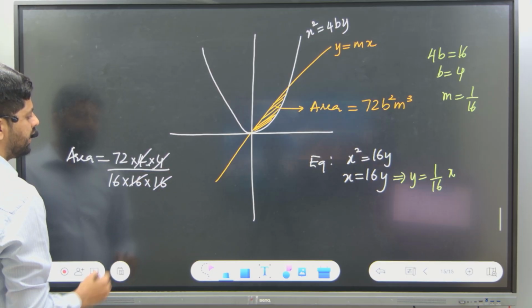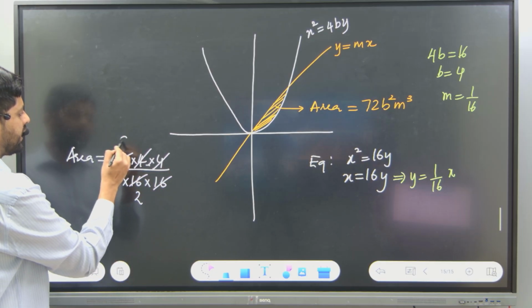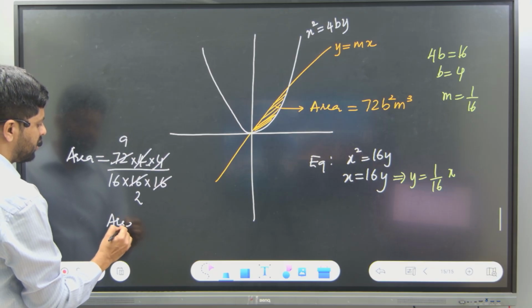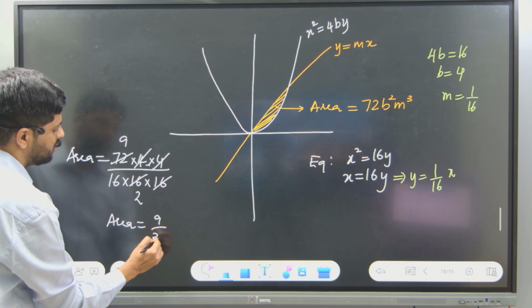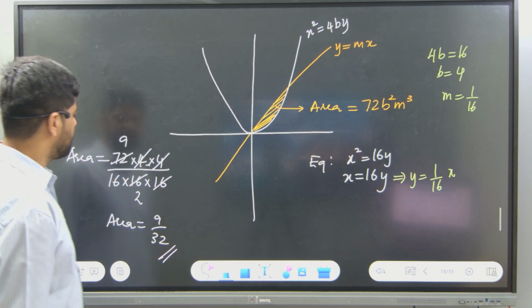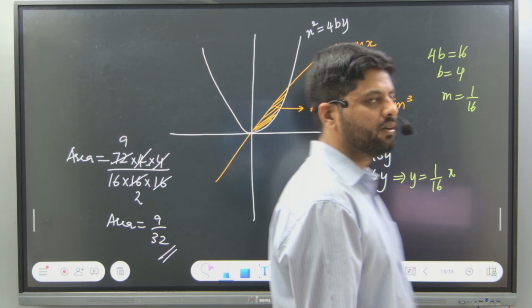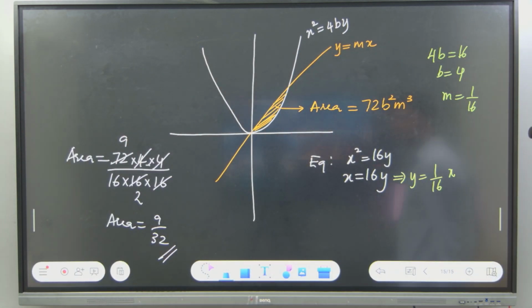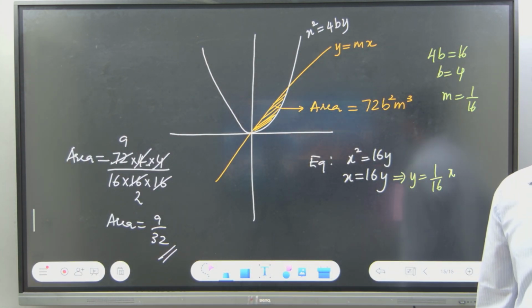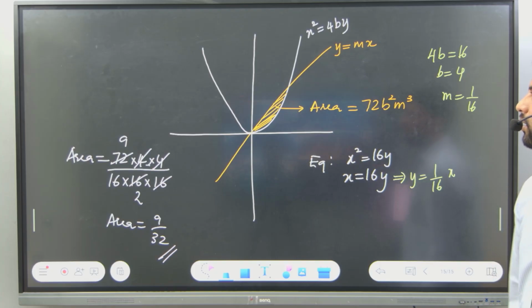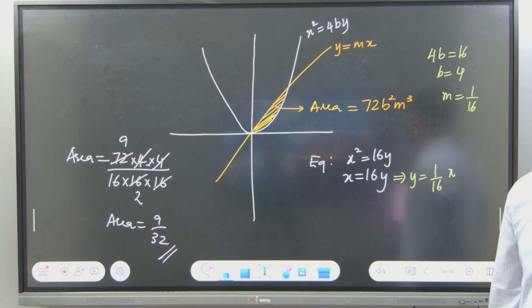Then 8 2s are 8, 9s are. So area will be equal to 9 divided by 32. Is it understood? Yes? Alright. So these are all some shortcut formulas straight away without solving. Okay?